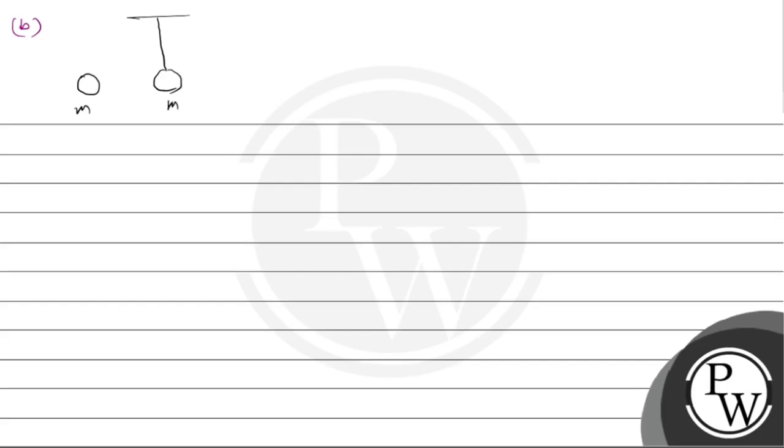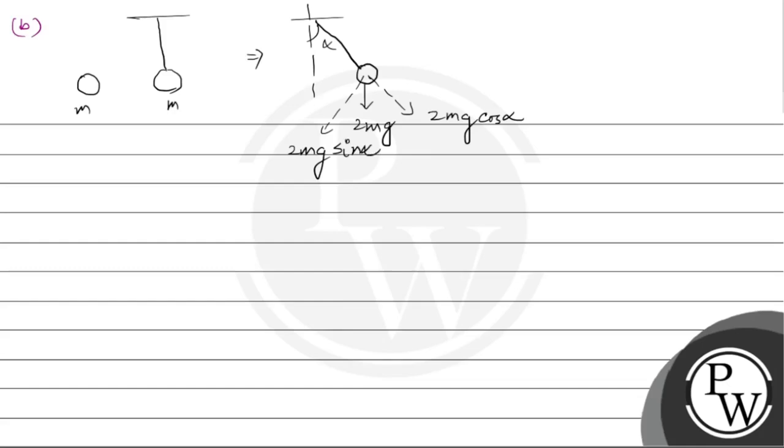Okay, now suppose after this collision we find this body of 2m mass at some instant at this position. ठीक है, तो नीचे के डायरेक्शन में 2mg वेट अप्लाई होगा अगर स्ट्रिंग हॉरिजॉन्टल के साथ अल्फा एंगल करता है. तो इस डायरेक्शन में हमारे पास 2mg cos alpha कंपोनेंट होगा वेट का, और इस डायरेक्शन में 2mg sin alpha कंपोनेंट होगा.